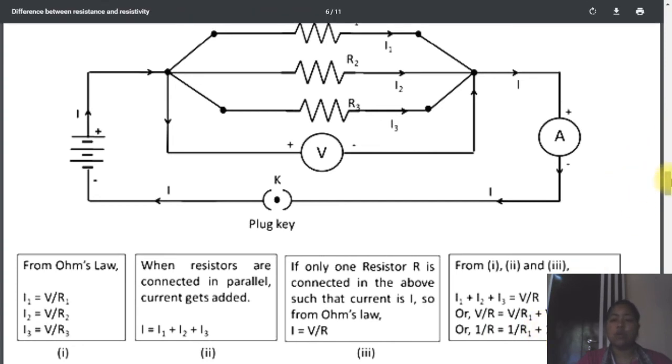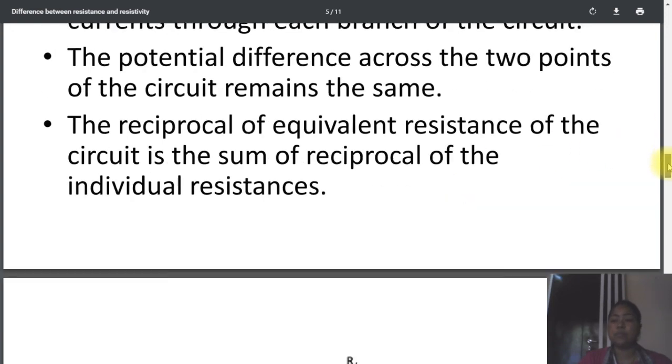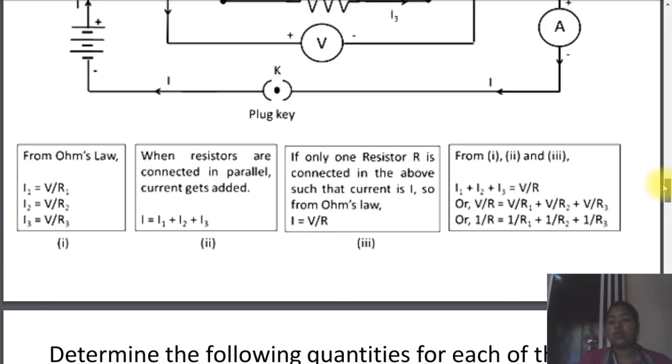Now we'll talk about the third conclusion of our parallel combination, the reciprocal of equivalent resistance. The reciprocal of the equivalent resistance of the circuit is the sum of the reciprocals of the individual resistances.